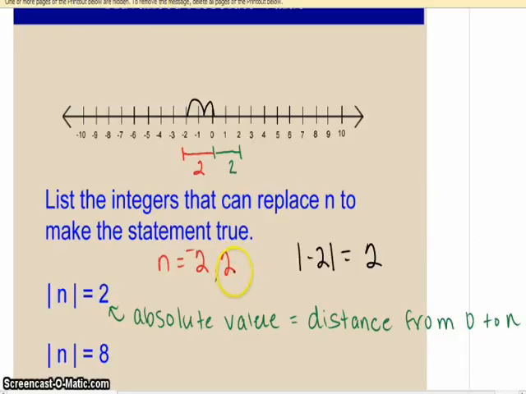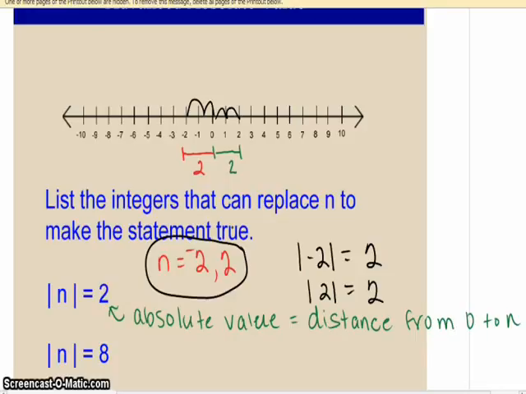Then we can substitute positive 2 in the place of n and see if that makes sense. Does the absolute value of positive 2 also give you 2? Well, sure. If I go from 0 over to positive 2, that is also a distance of 2. Therefore, n could be negative 2 or 2. Either one of those will make this a true statement, so that's our answer.